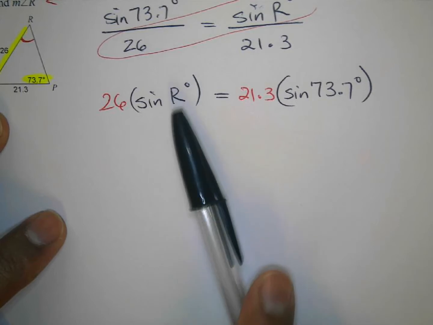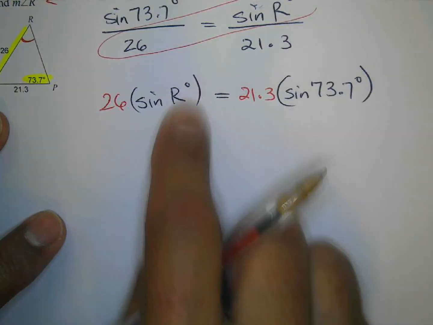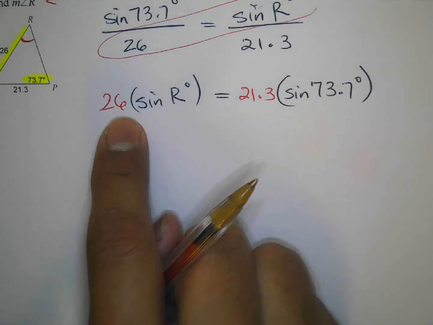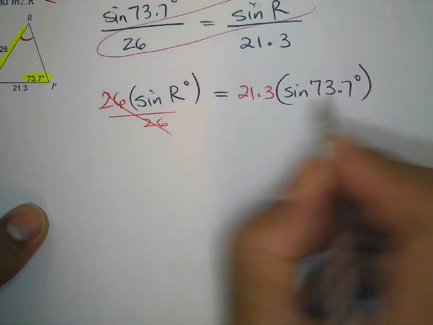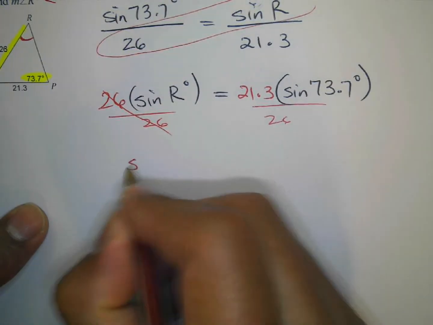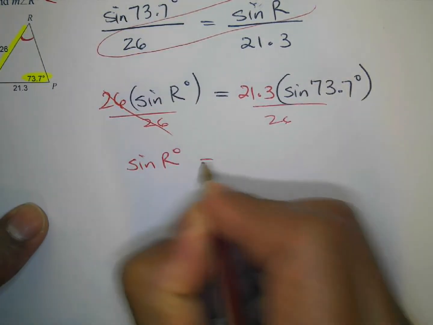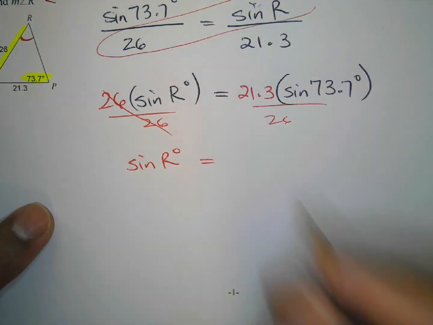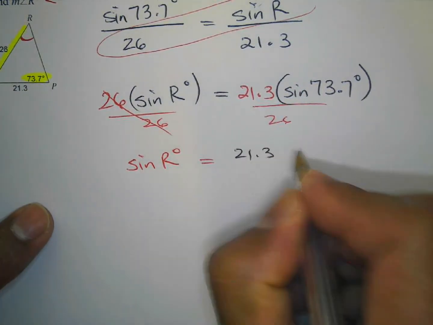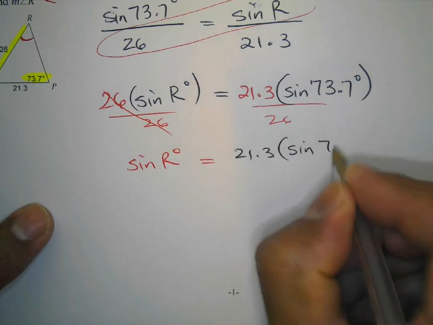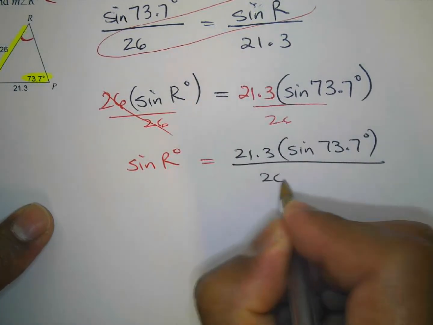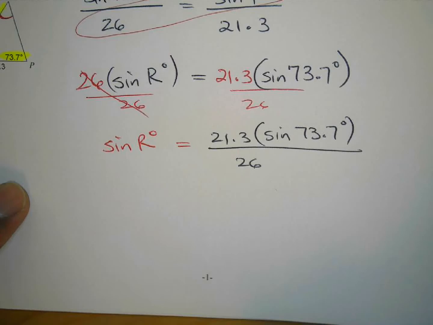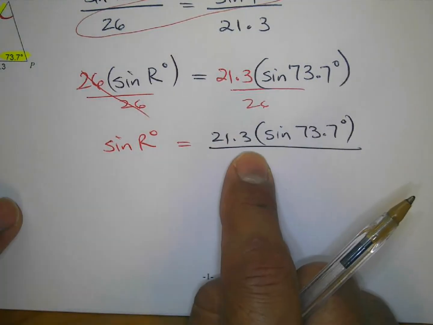And then remember, we want to get the R by itself, or at least this part, right? So here we can divide by 26. Divide by 26, you're going to get sine of R is equal to 21.3 times sine of 73.7 degrees over 26. And this is just going to be a number.